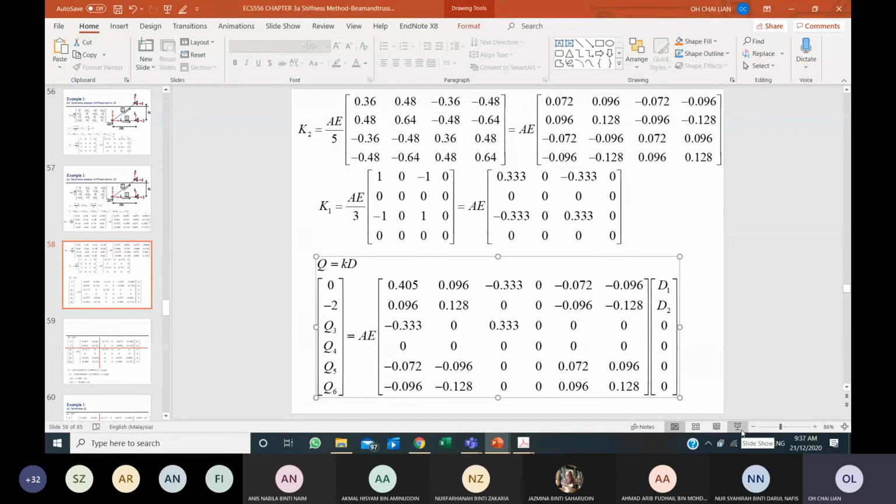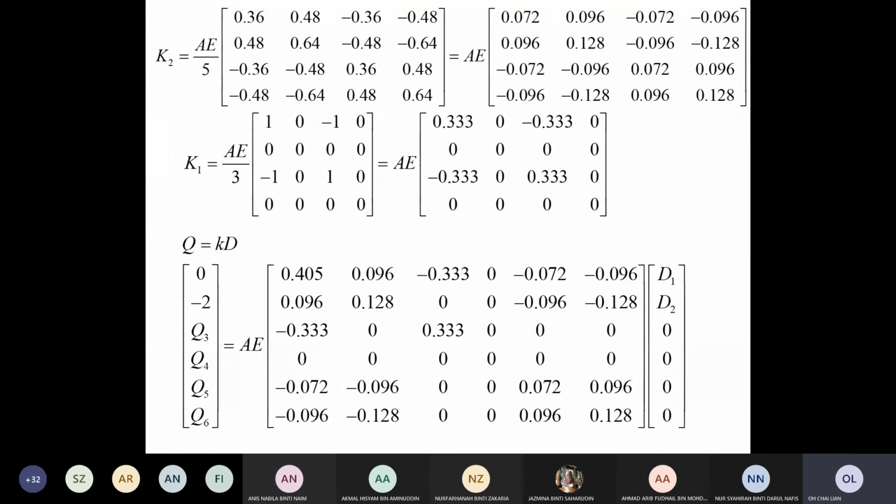Let us just look at this. We have determined the K2 using the template. K1, oops, my K1 is down here. There is no problem.